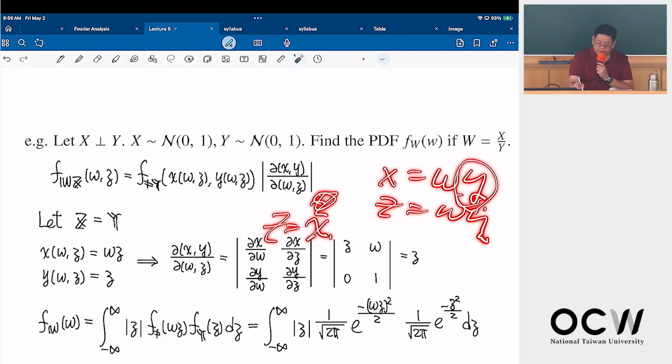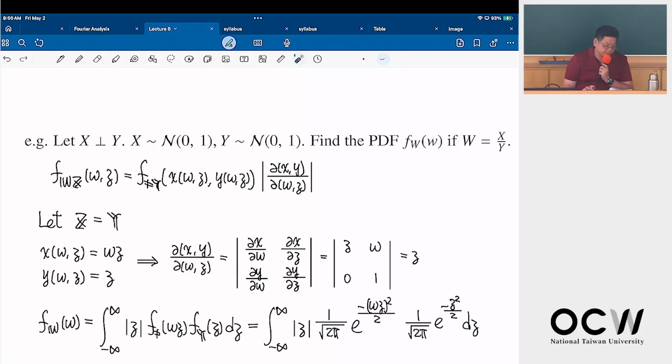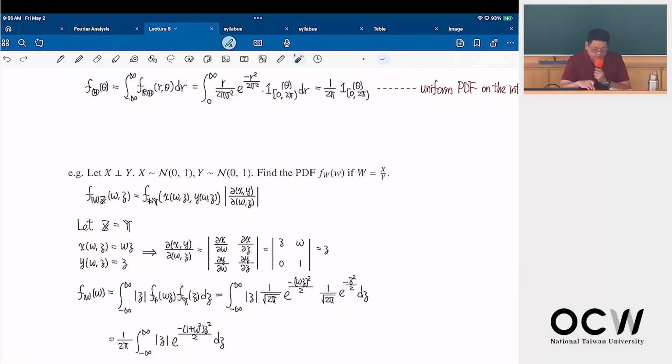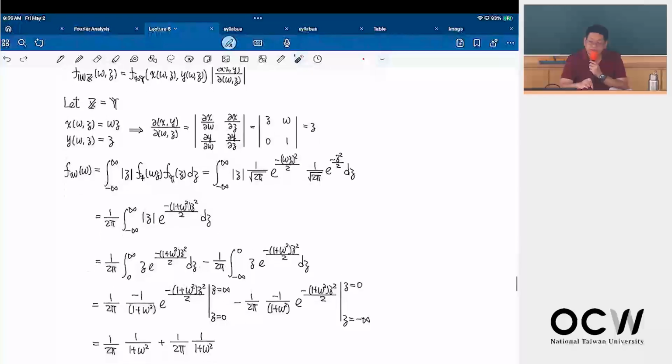I still get the y here, so I cannot express x and y in terms of w and z. All right, so that is the two functions of two random variables.